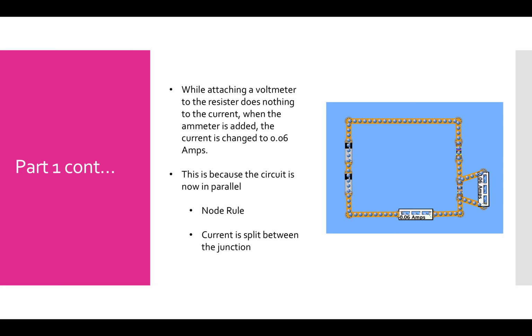This is because the circuit is now in parallel, so the node rule has to apply, and the current is now split between the two junctions. This is also because there's now a path of less resistance for the current to pass through, whereas with the voltmeter, that path had infinite resistance, so the current wouldn't pass through it.